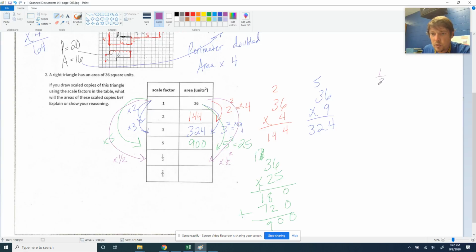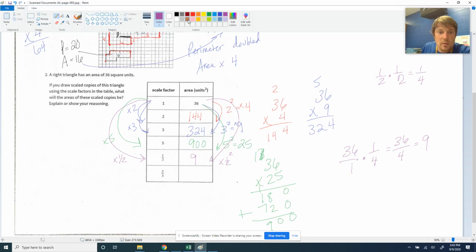Now, a number squared is the number multiplied by itself. So 1/2 times 1/2 is actually 1/4. So we're going to be doing 36 times 1/4 to find out what this answer is. And so we're essentially just doing 36 divided by 4, which is 9. The area is going to shrink because the scale factor got smaller. It makes sense that there's less area inside.